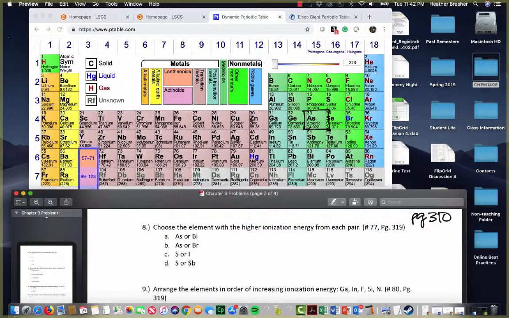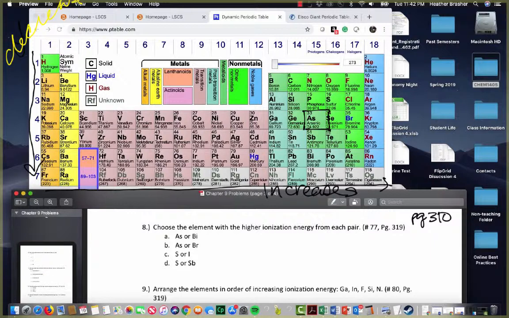So what we're doing on here, you can tell ionization energy decreases as you go down, and it increases as you go across.